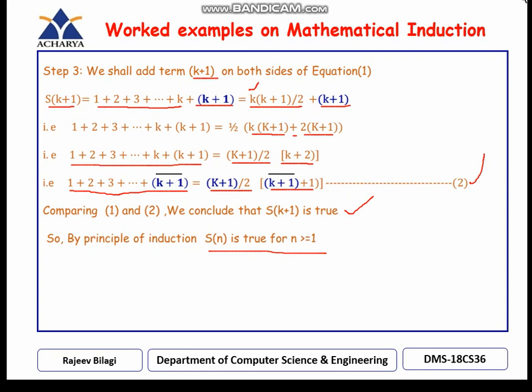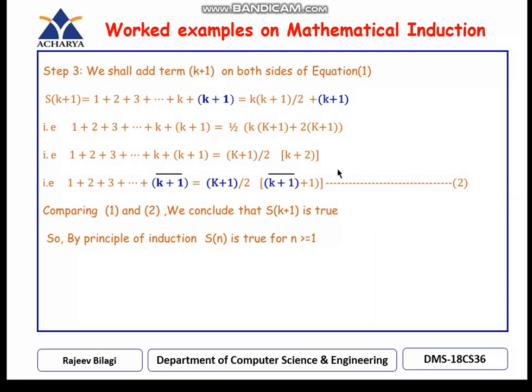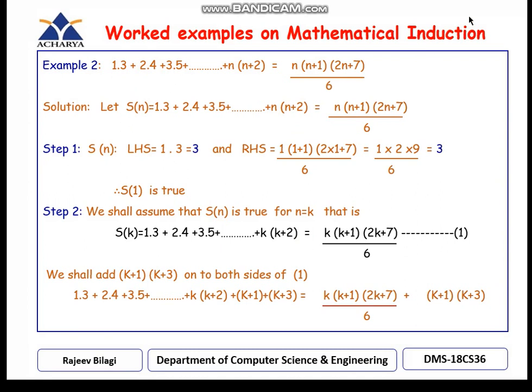We'll see the second problem so that it will be clearly understood. Okay. So the second problem is 1.3, that is 1 into 3, plus 2.4, that is 2 into 4, plus up to n into bracket n plus 2, is equal to n into bracket n plus 1 into bracket 2n plus 7 divided by 6.